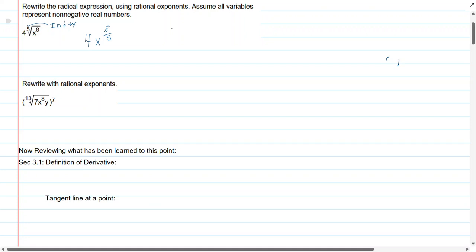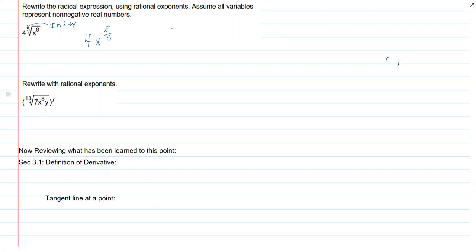In this case, we notice we have the parentheses around the entire radical, and it is raised to the 7th power, and it's part of 13. So we're going to put the 7x 8y, which is the radicand, in the radical, and then put it to the 7/13.